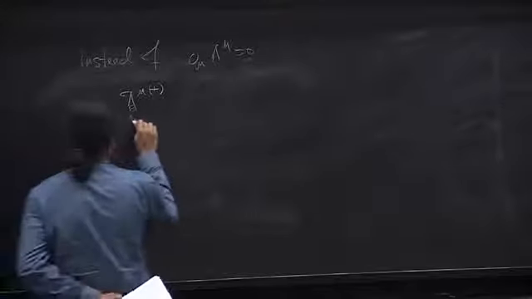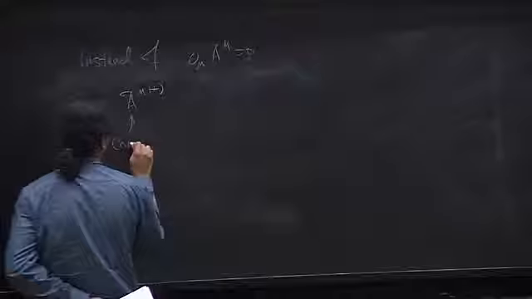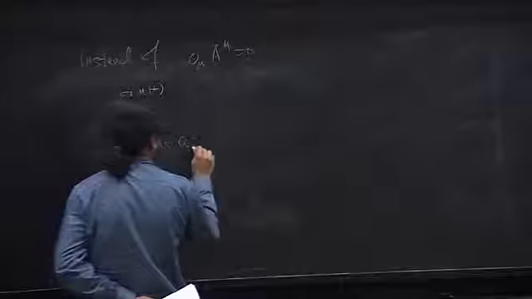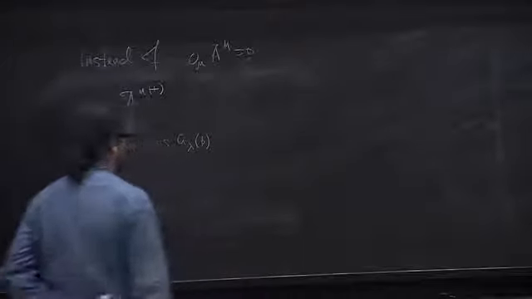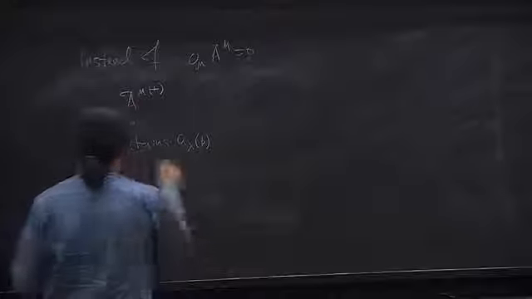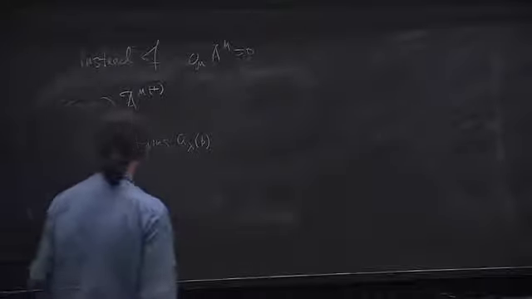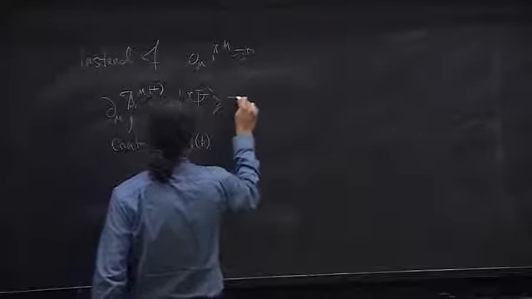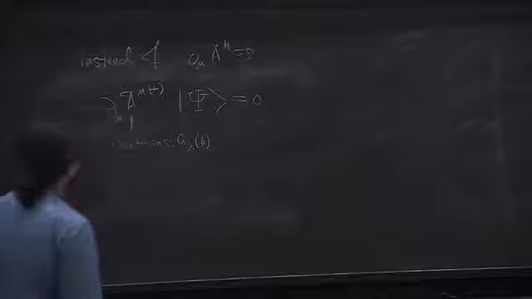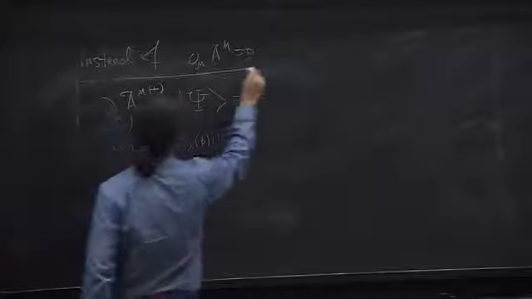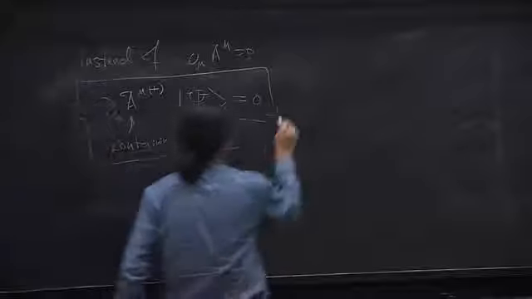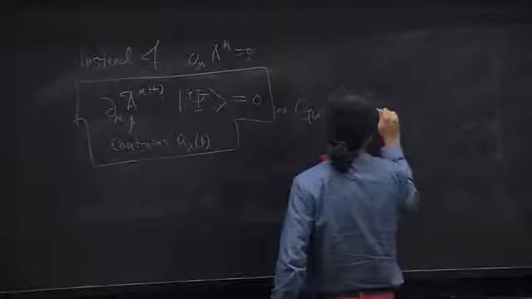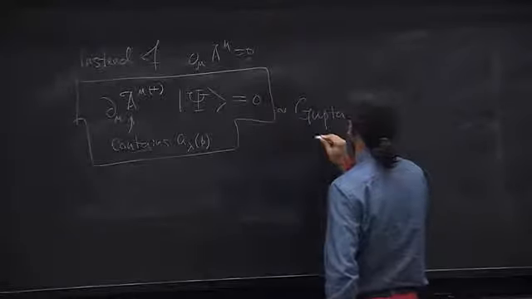Recall that the positive frequency part of A mu contains the annihilation operators, and we can take its derivative, and we say that a physical state must be annihilated by this. So this condition is the Gupta-Bleuler condition.